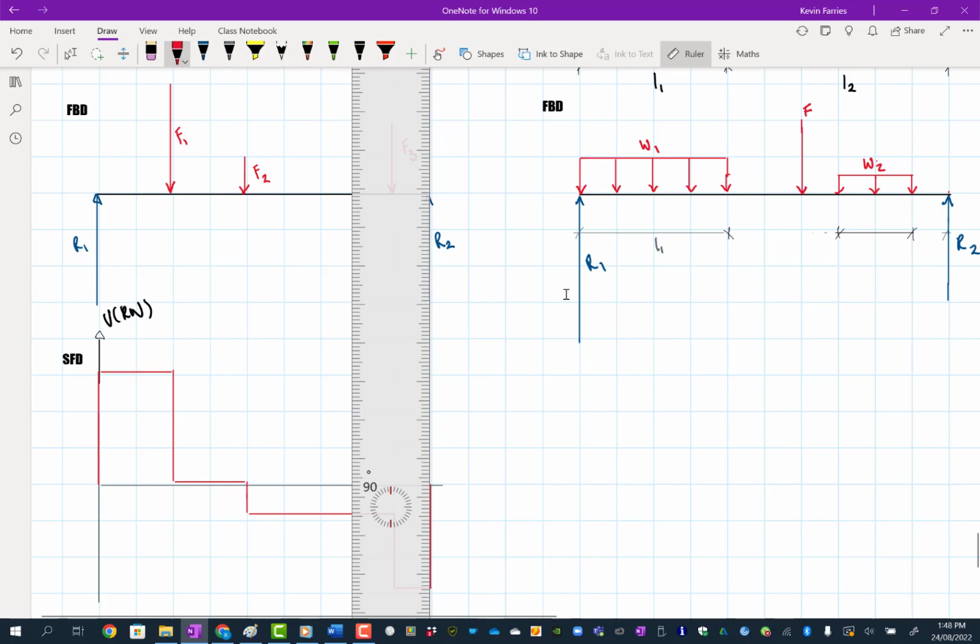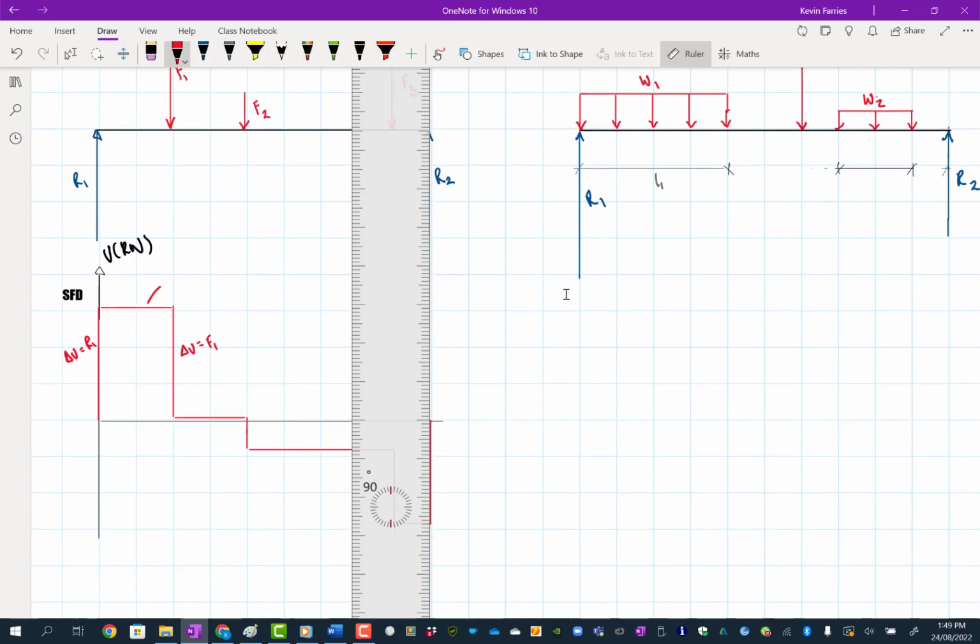So what are we saying here? Well, that distance is just equal to R1. So let's just write this out. What we can say is the change in shear is equal to R1. Here, the change in shear is equal to F1. And then in between, it's horizontal.